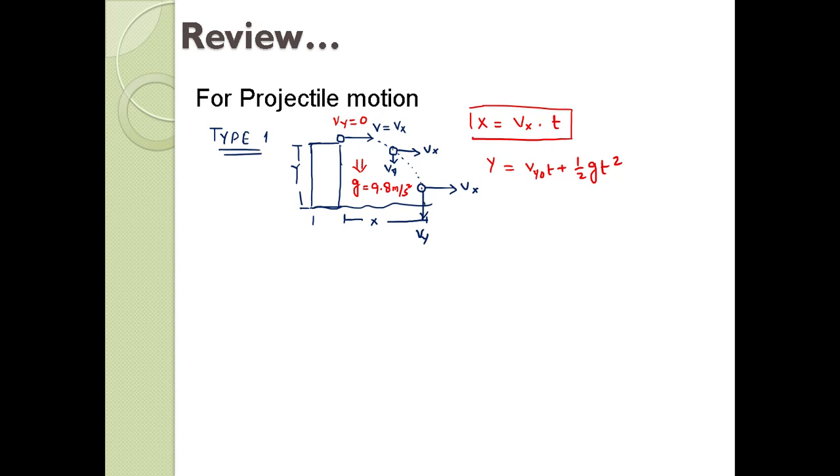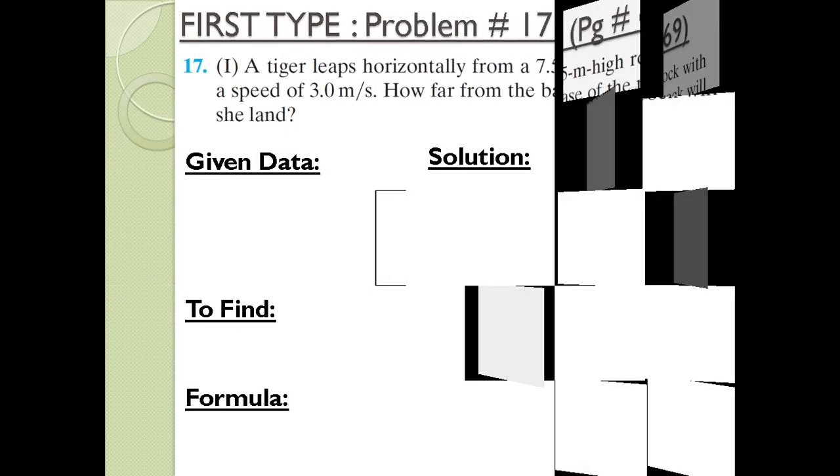But as you know, vy naught is 0 at the start, so we put 0, so y = half g t squared. Keep in mind that there are four physical quantities attached here: x, the horizontal distance; y, the vertical height; time; and vx, the horizontal velocity. To understand this, let me move to the first similar type of problem.